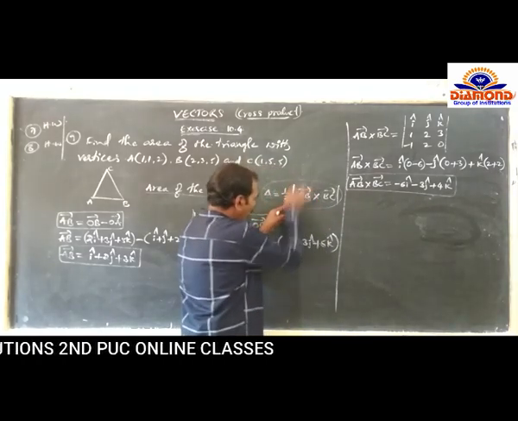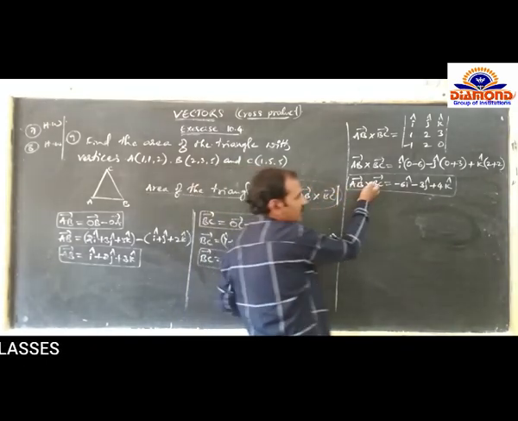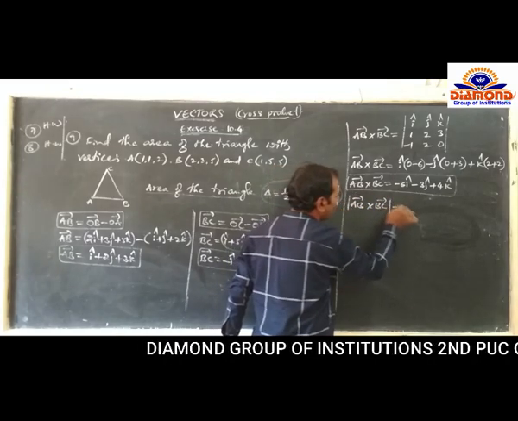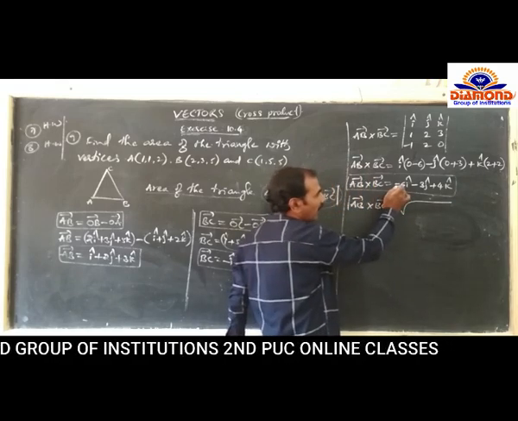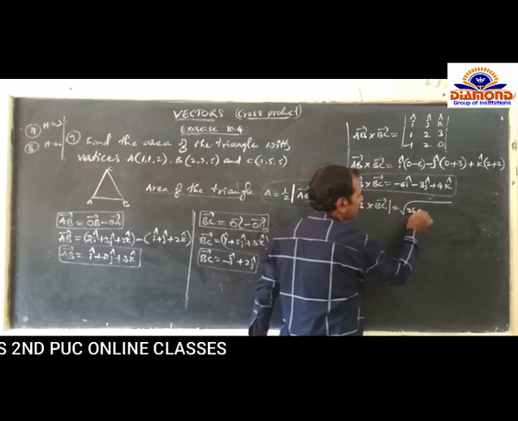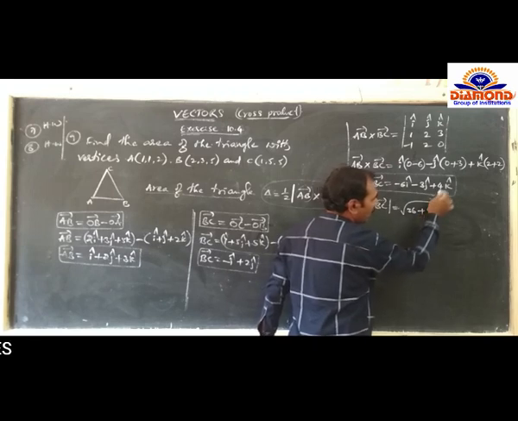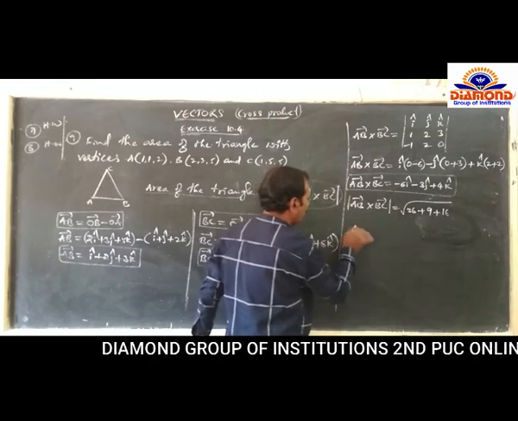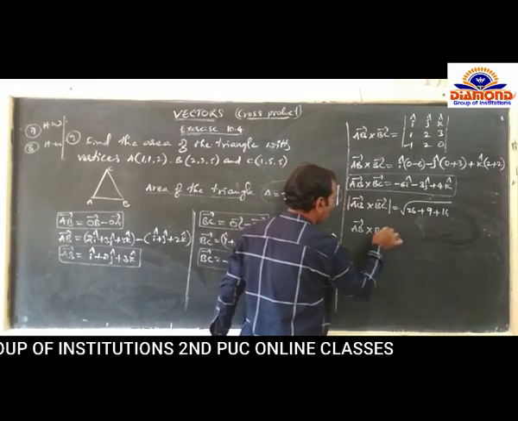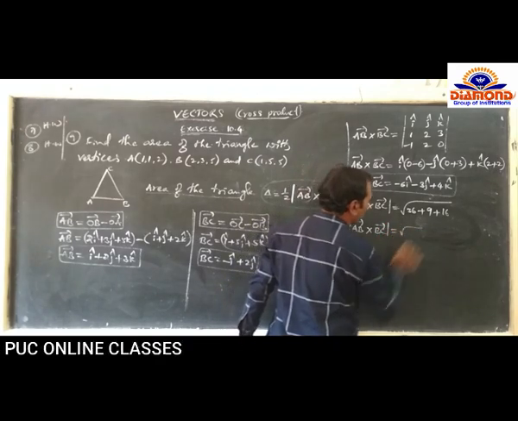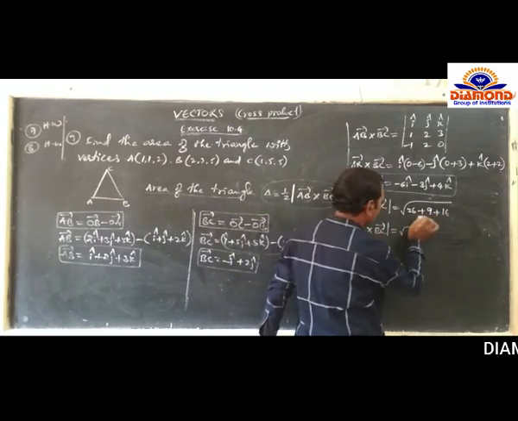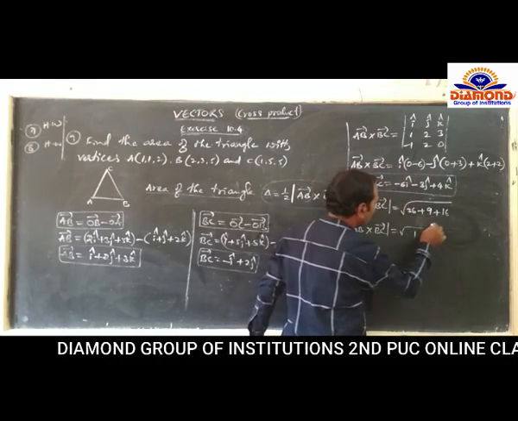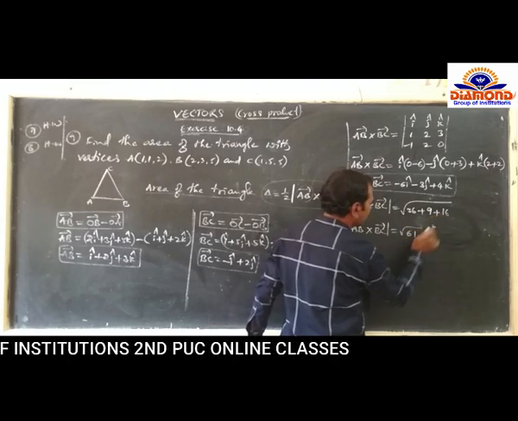Then after that we calculate the magnitude of this vector. So the AB bar cross BC bar magnitude is the square root of (minus 6) square, which is 36, plus (minus 3) square, 9, plus 4 square, 16. So the magnitude is the square root of 61.